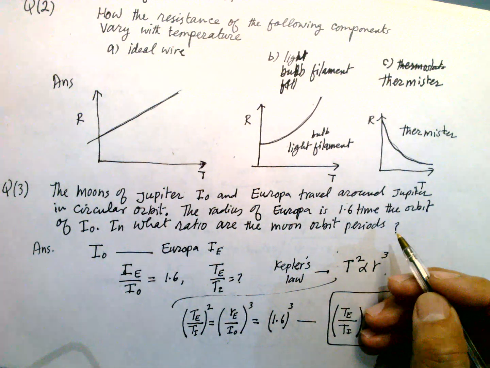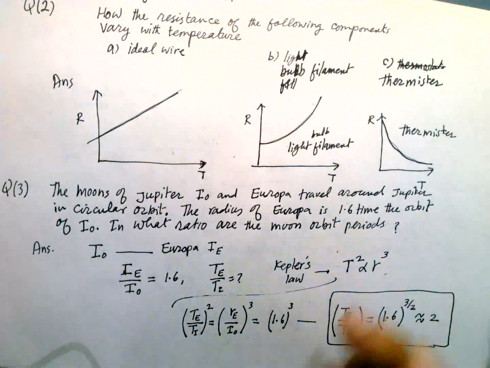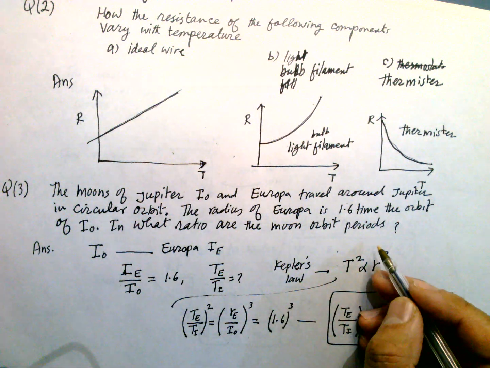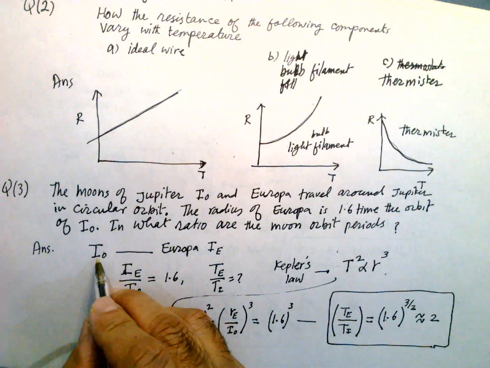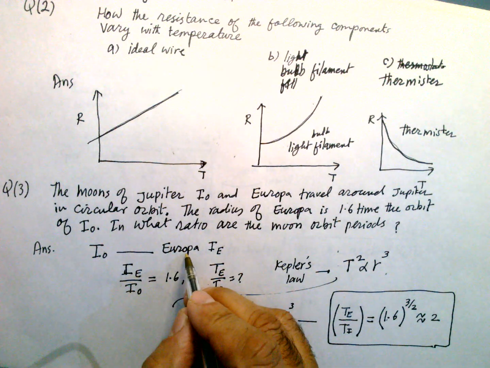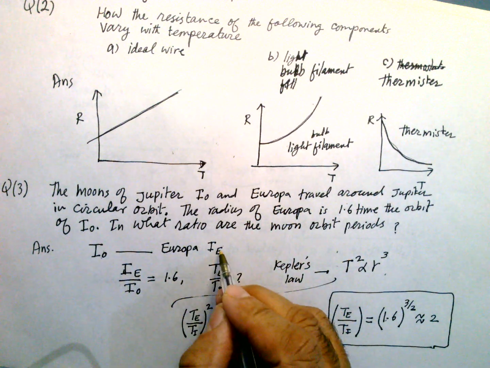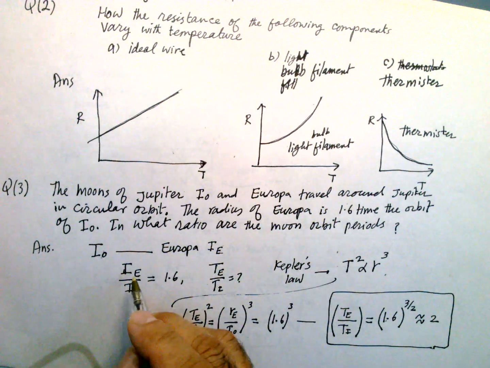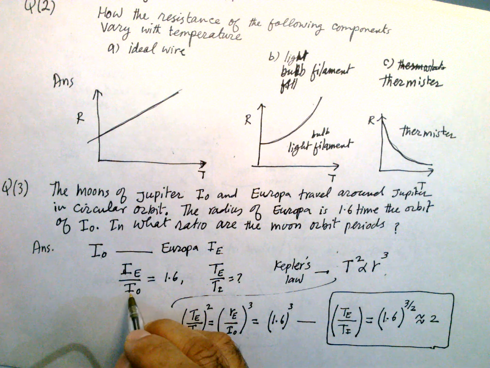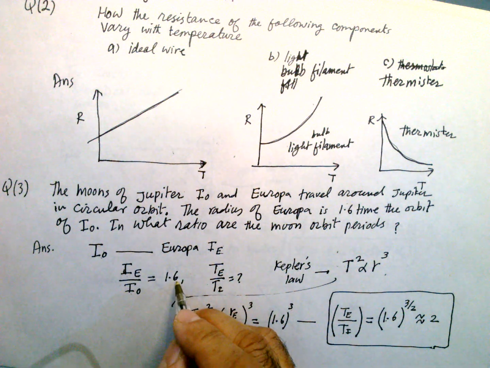So we have to find the ratio of the time periods of their orbits. So Io and Europa, IO is this one, and IE is Europa. RE over RIO is 1.6.